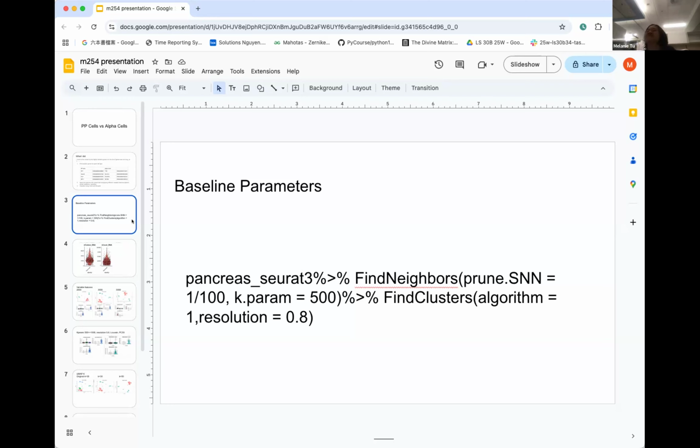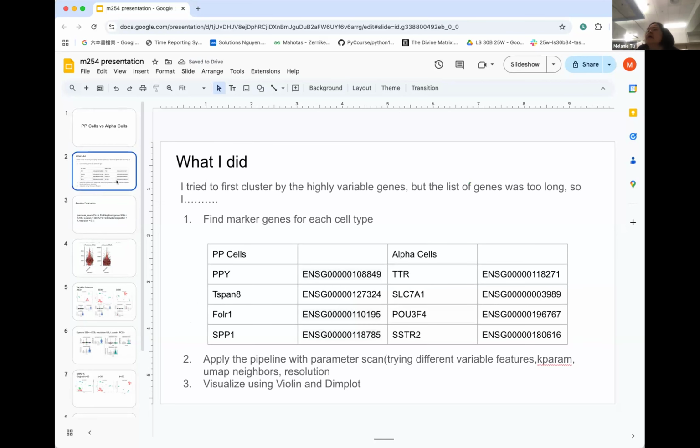Just to foreshadow, I changed the resolution, and I changed the variable features in the first step where I used SCTransform.